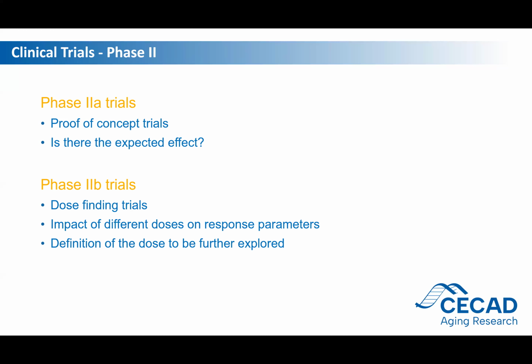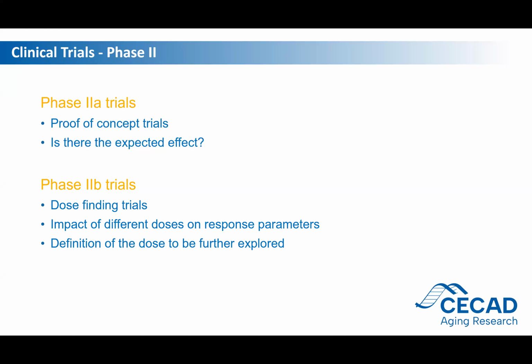And in the second step, it follows the phase 2B trial, which is the dose finding trial. So after we have seen that we can trigger the effect, we want to find out the perfect dose to administer. And therefore, we have a look at the impact of different doses on the response parameters and use these data to define the perfect dose to be used in the further trials, and which will ultimately probably also go into the marketing authorization.